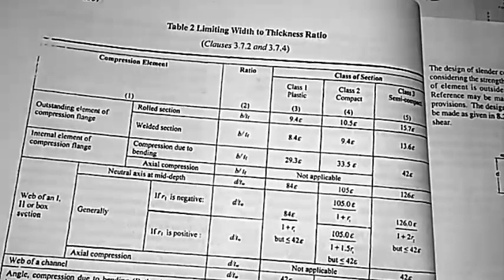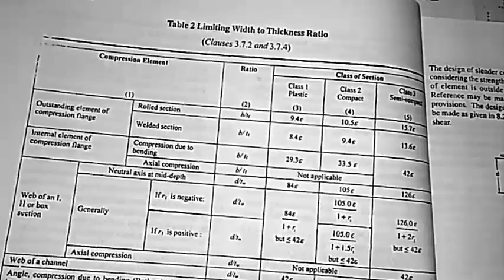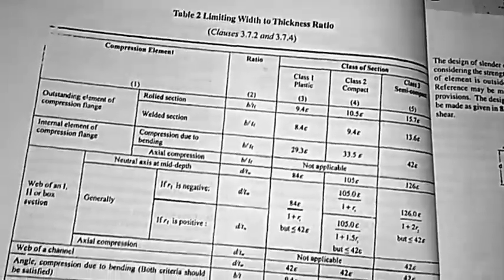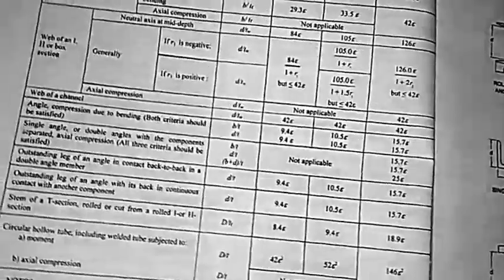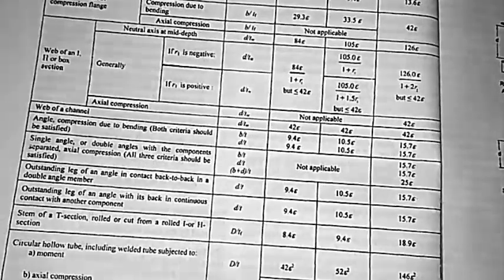Then we have single angle or double angle. Then here it is angle is given, compression due to bending, and then there are different circular hollow sections. So there are different web of channel, stem of T section, likewise there are different ones.